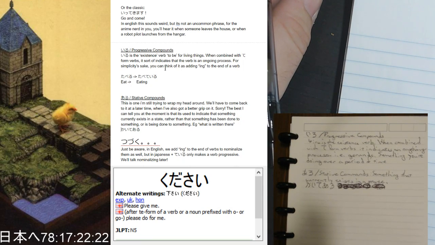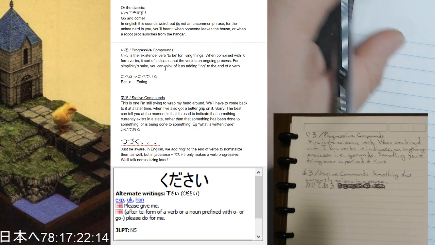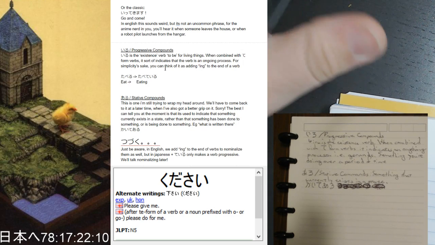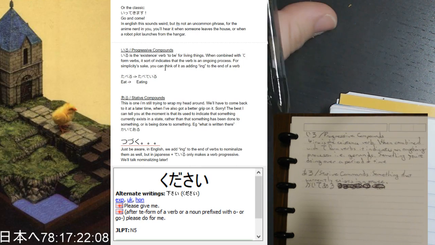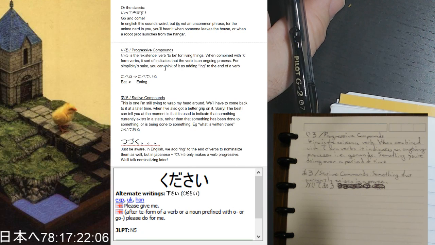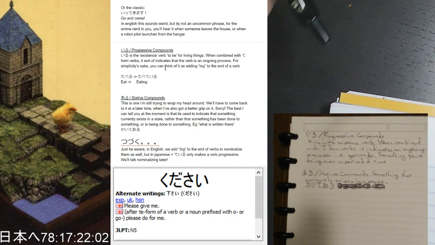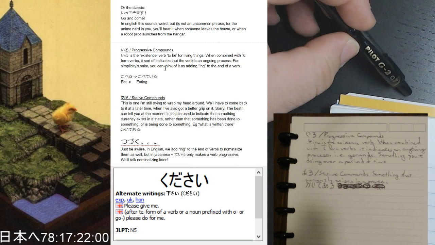Okay, yeah. So, it's something I'll have to look more into. It has been done and continues to exist in this state. I guess there's a word for that. I'm sure there is.